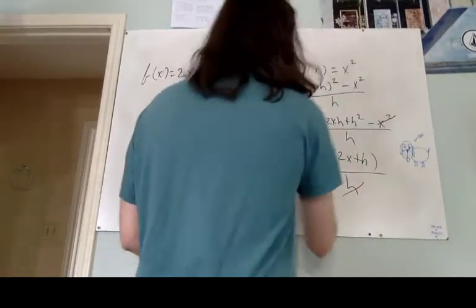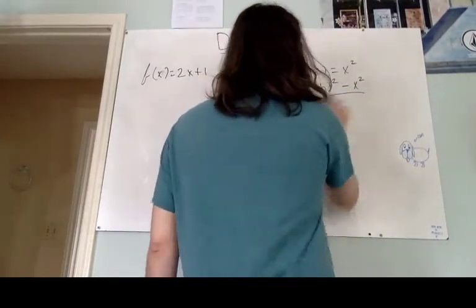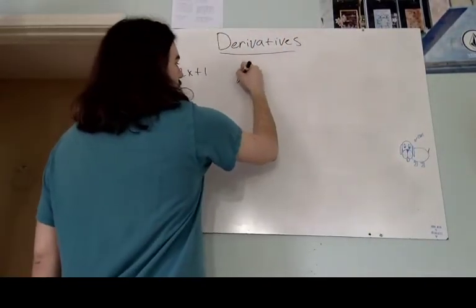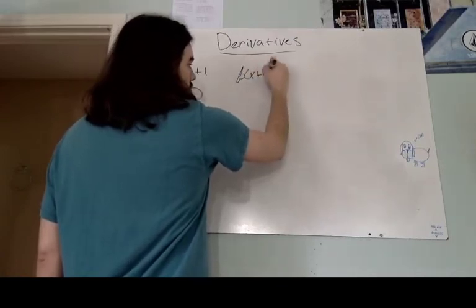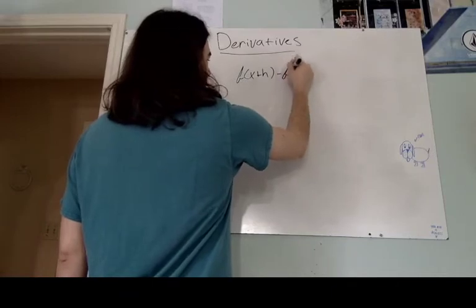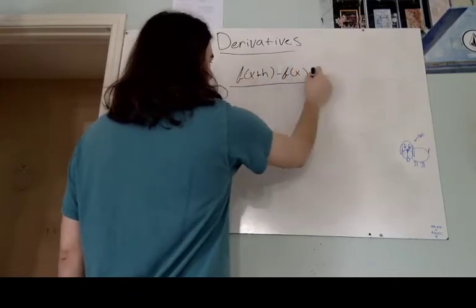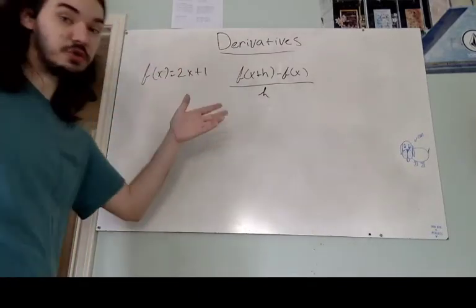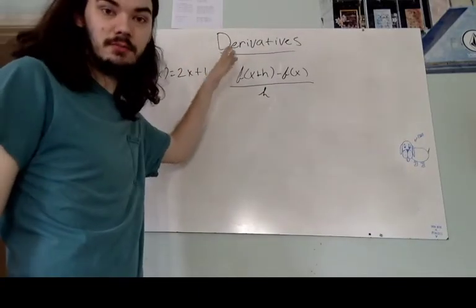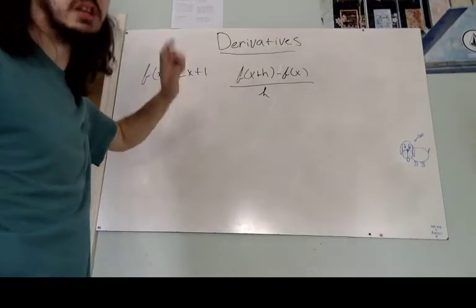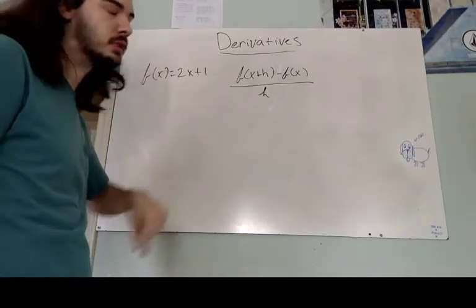So I have to come back to this equation that we found, which, remember, we call the difference quotient. It's because it's the quotient of the differences between all the y values and the x values. That's why. So this is imperative. We need this for derivatives.